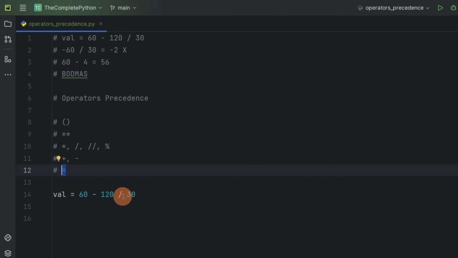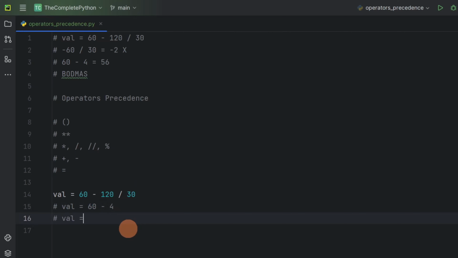So we will first perform division. When we divide minus 120 with 30, we will get minus 4. Now we have assignment and subtraction. Remember, subtraction has higher precedence than the assignment operator. So we will perform subtraction first.